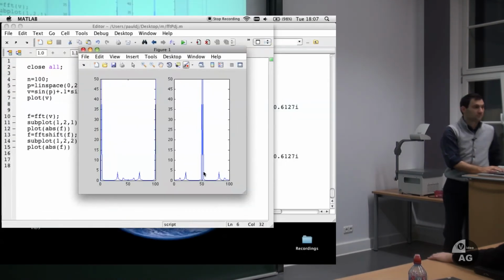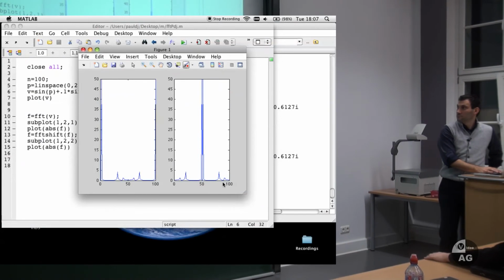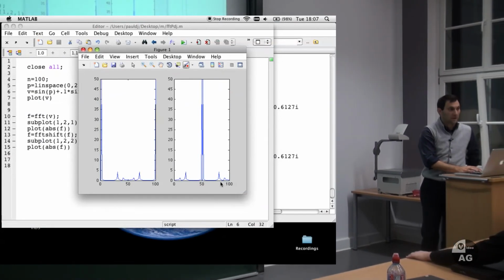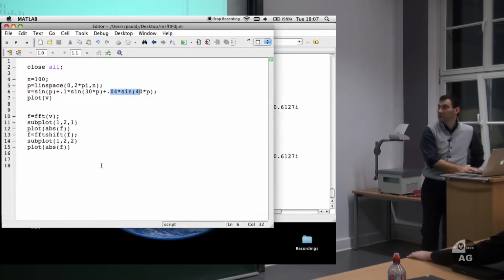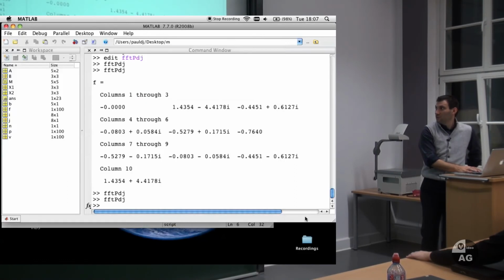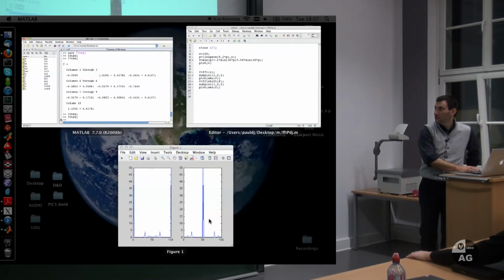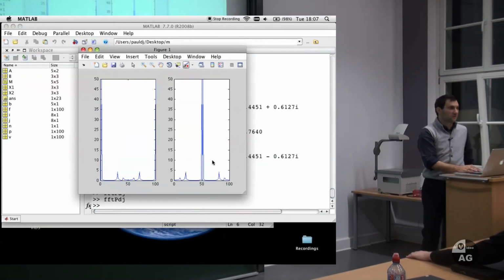But the small ones are with higher frequency. Higher frequency, sorry, yes, higher frequency. And you see 40, it's clearly very high frequency. 1, it's a very low frequency. Okay, so the FFT did its job. It identified the components of the signal.